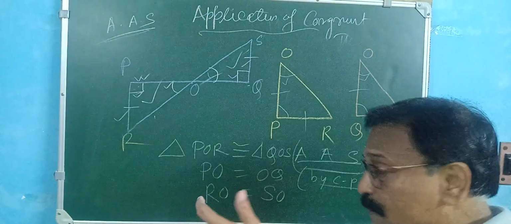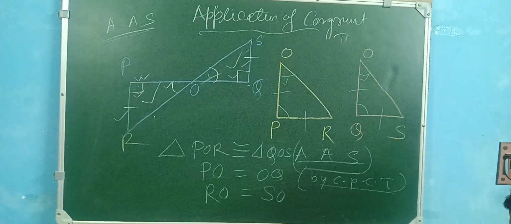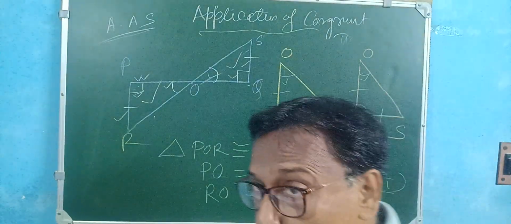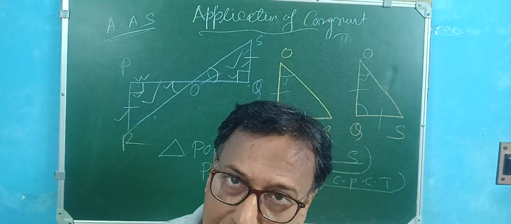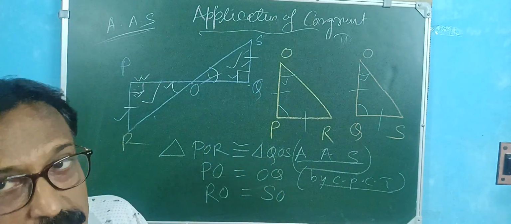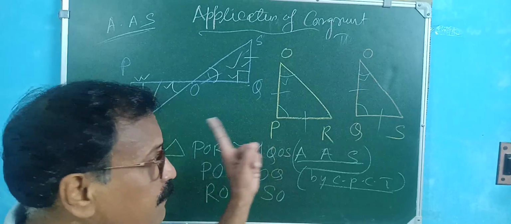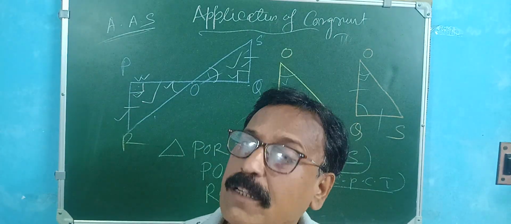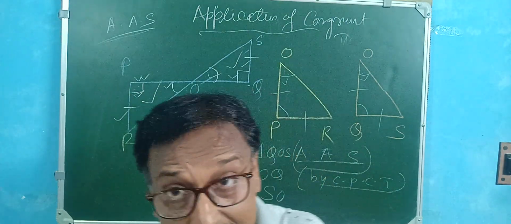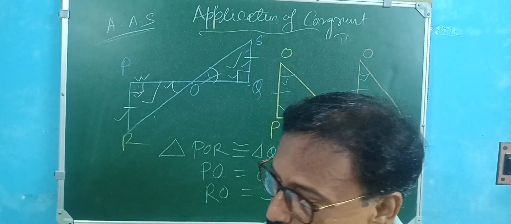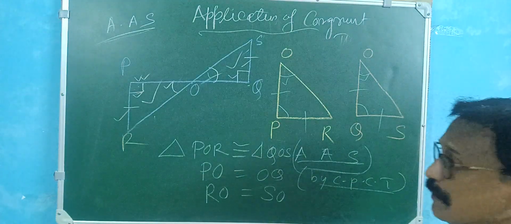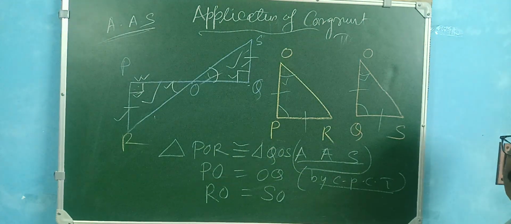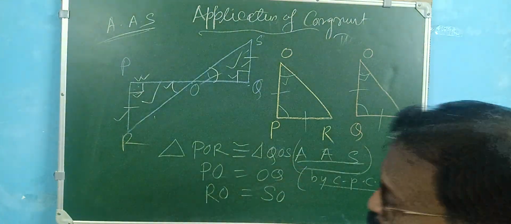That means if you prove the congruency in one way, then the other things will be proved, because once congruency is proved, that means the two triangles' corresponding sides are equal and their corresponding angles are equal. That is very important. If you can prove congruency in any one way, all the sides and all the angles are equal, but the corresponding sides and corresponding angles.